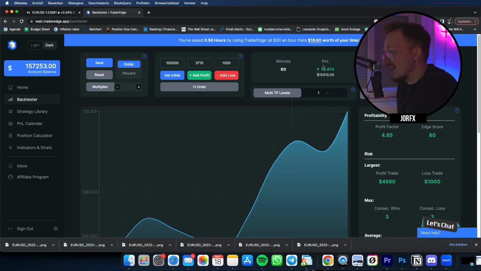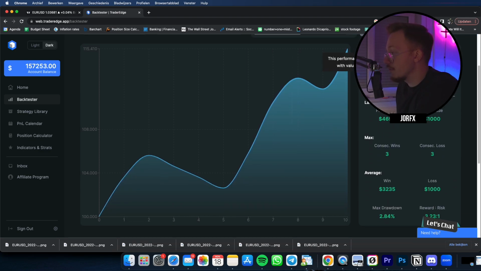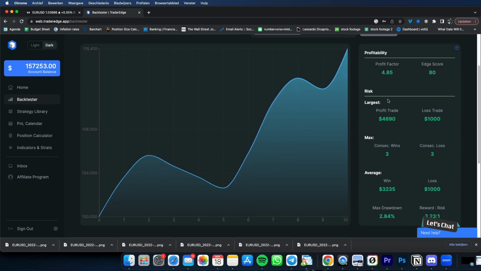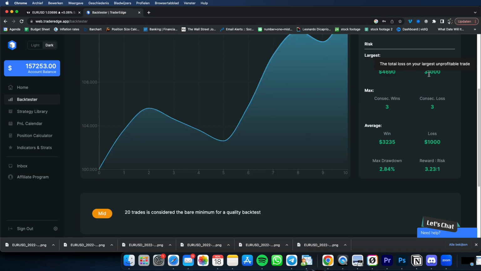As you can see, win rate of 60, we made 15k, a 15% increase on these 10 trades, where I only risked 1%, $1,000. With 6 wins, 4 losses, the profit factor was 4.85, and the largest profit was a 4.7% increase on one trade, so it's nothing too major. It's very realistic. The biggest loss was 1,000 because we always risk 1%.